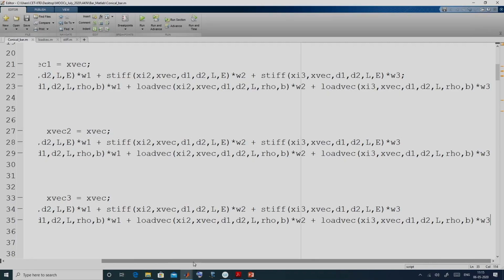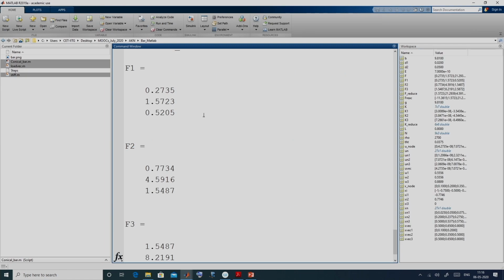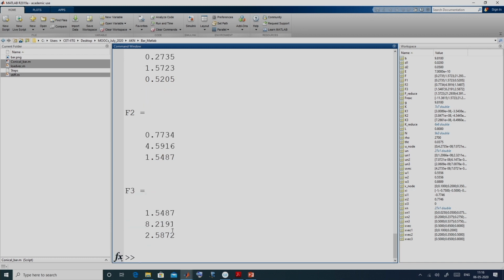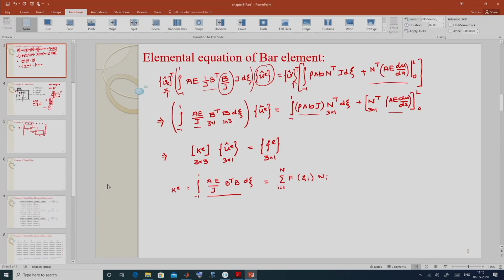Now, if we want to see this f1, f2 and f3, we can remove this semicolon. So, these are that f1, f2 and f3. These are the first part of the load vector.